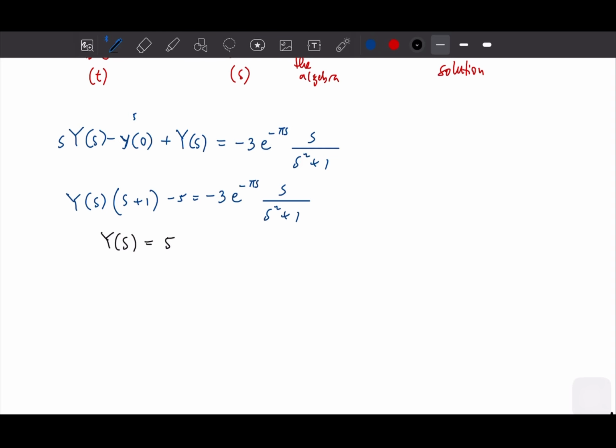So this is 5 over s plus 1 minus 3 e to the negative pi s, times s over s plus 1 times s squared plus 1.